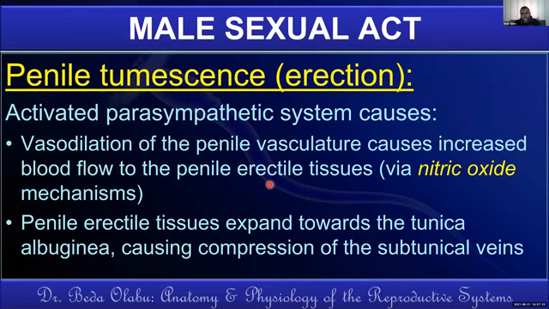When the cavernosal and the spongy tissue expand, they'll expand towards the tunica albuginea. That has an effect on the subtunical veins that I told you earlier. When the erectile tissues expand towards the tunica albuginea, they do compress the subtunical veins. Now see this.